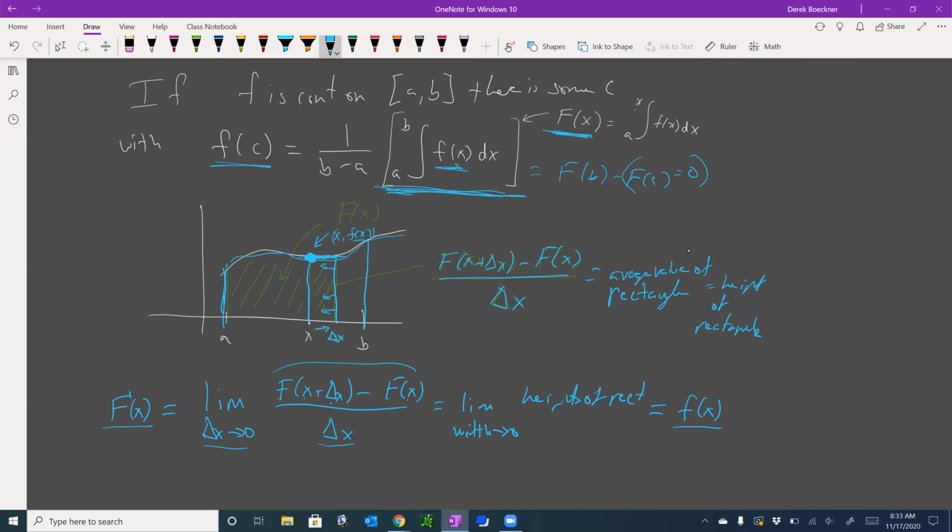You just get F of b divided by b minus a is equal to the derivative of the function that I was differentiating. So that's why this thing's called the mean value theorem for integration, because it is just the mean value theorem. But the idea is all in this geometry here, where we define this nice function that we can differentiate and get the original function back out of.